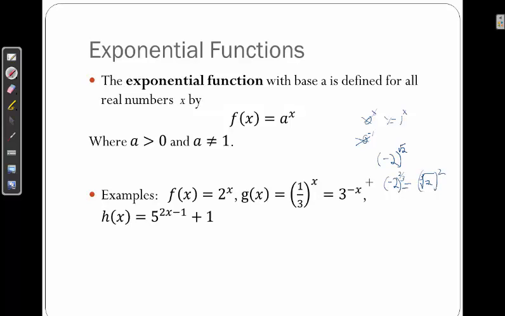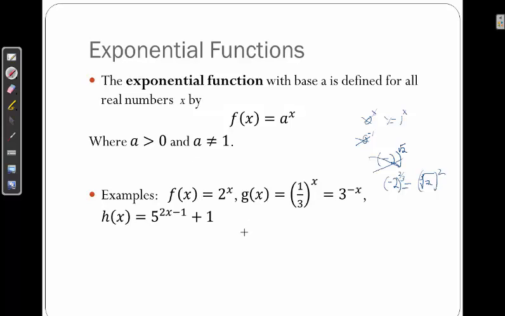That's easy enough to deal with. But what about something like this? You can't write this as a fraction. How do you even know what sign it's going to have if you have an infinite non-repeating decimal? Well, we don't. So we just ignore it. So our bases are only going to be positive and not equal 1.